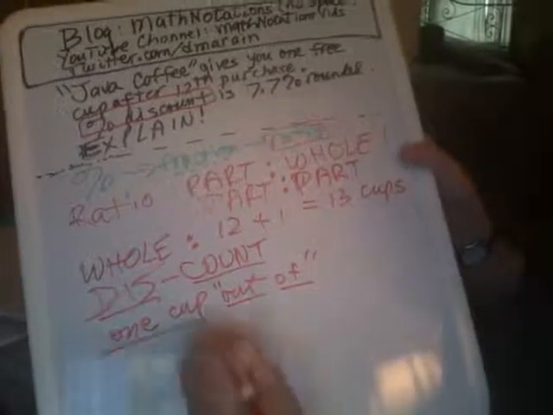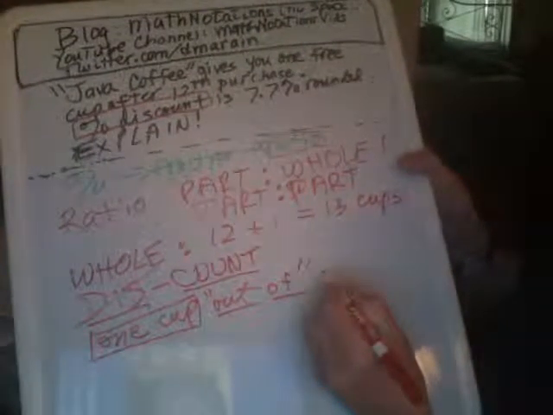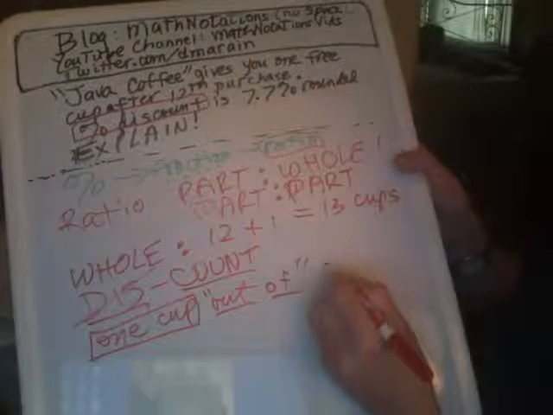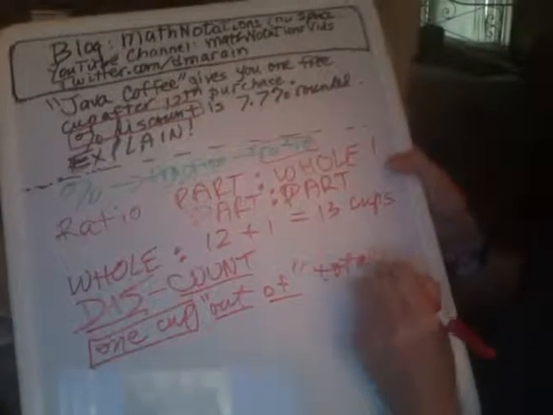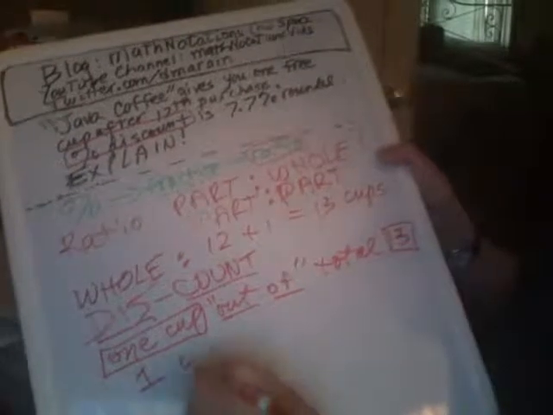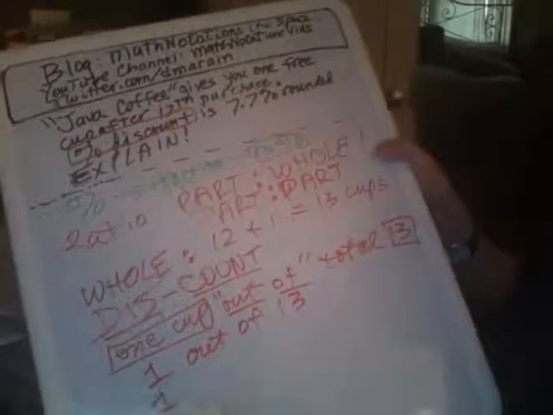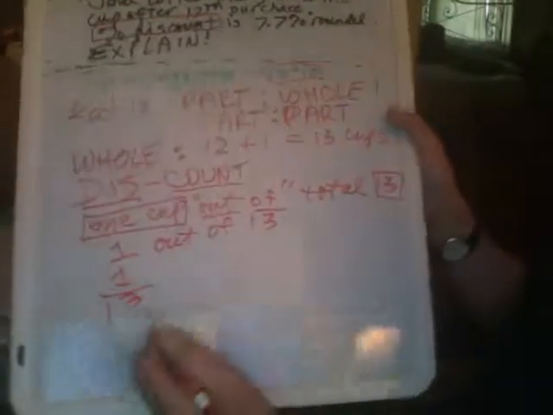We're not counting 1 cup out of how many? 12? No, the total, which is 13. So 1 out of 13. There's your ratio, 1/13.